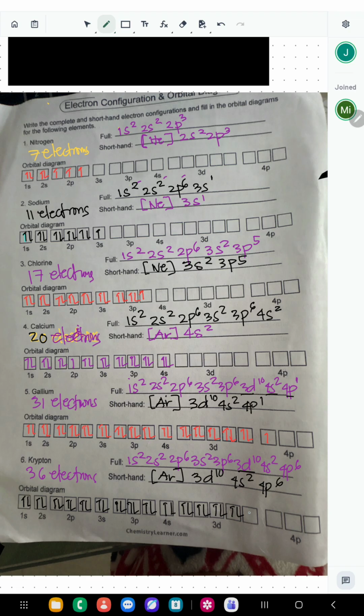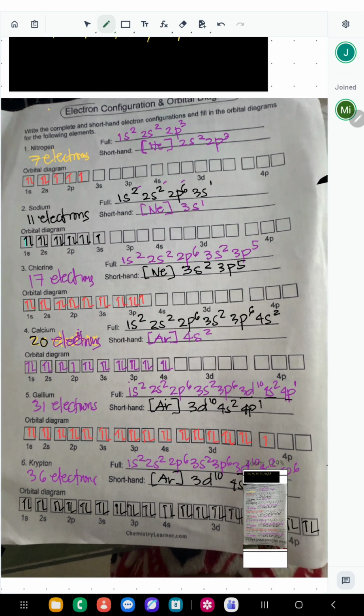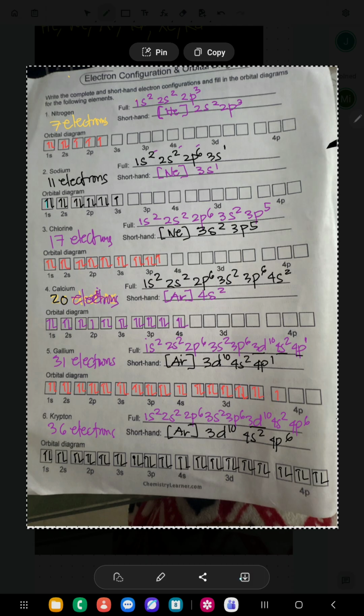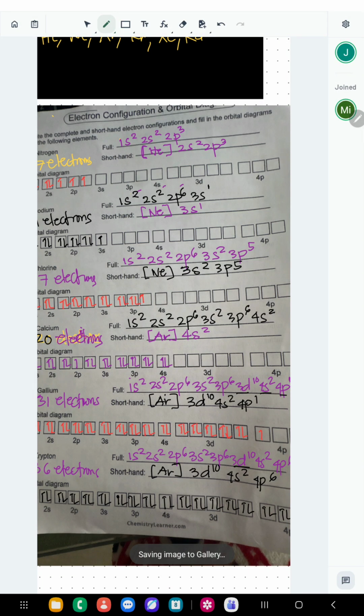Everything is filled. Then 4p6. Yeah, everything is filled. So that is how to write the full and shorthand electron configuration of elements and the orbital diagram using Hund's rule.